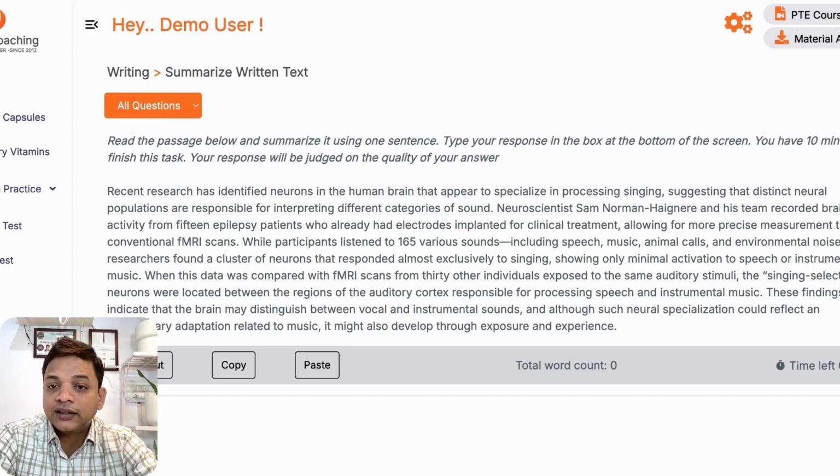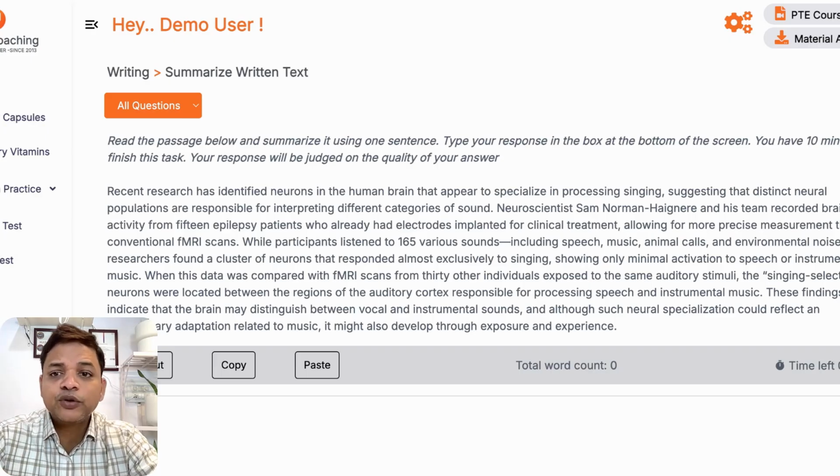So one point I'll take this. There is a neuroscientist who conducted research on 15 people and found that certain neurons in the brain are responsible for singing. Also, there are singing-selective neurons located between the regions processing speech and instrumental music.